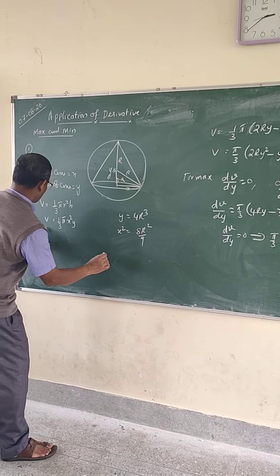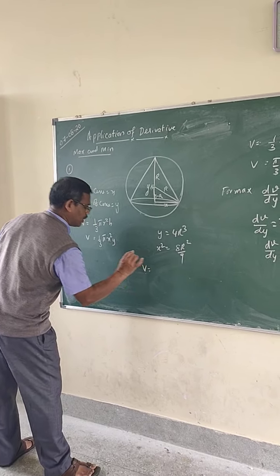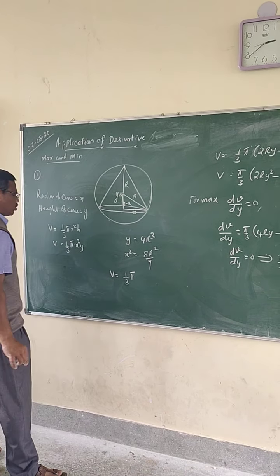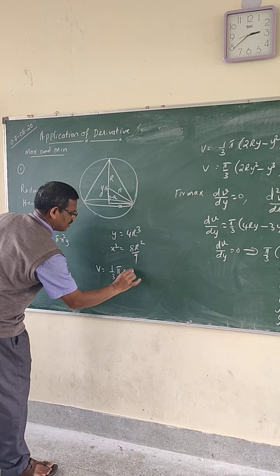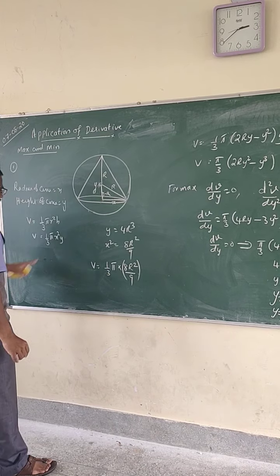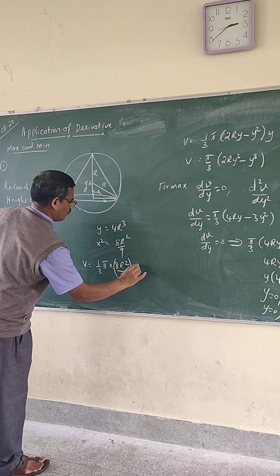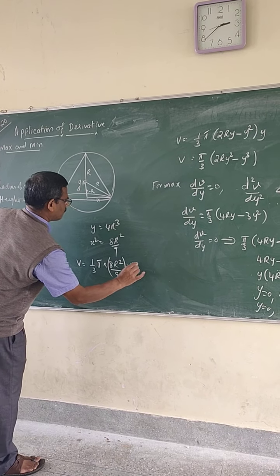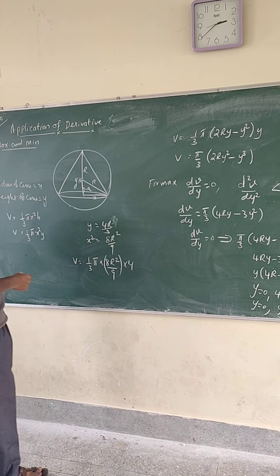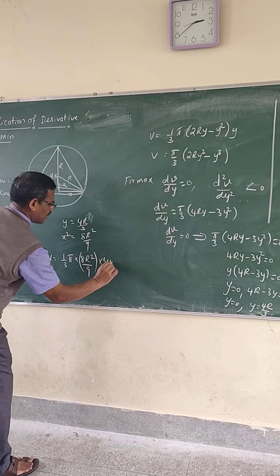So what is the maximum value of the volume of the cone? 1 by 3 pi x square y. X square is 8r square by 9, into 1 by 3 pi, and y is 4r by 3.